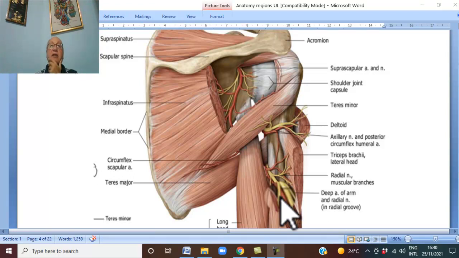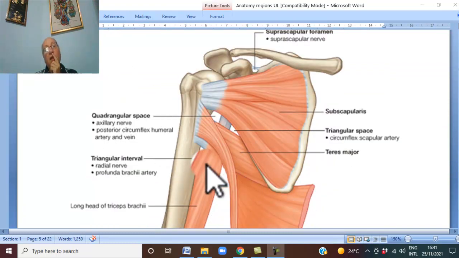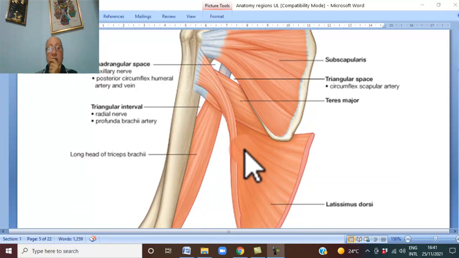Then we have a triangle called triangle of auscultation. Before we take triangle of auscultation, this is another picture for the quadrangular space, upper triangular space, and lower triangular space. And in this picture, it will be clear the triple relation of latissimus dorsi and teres major.